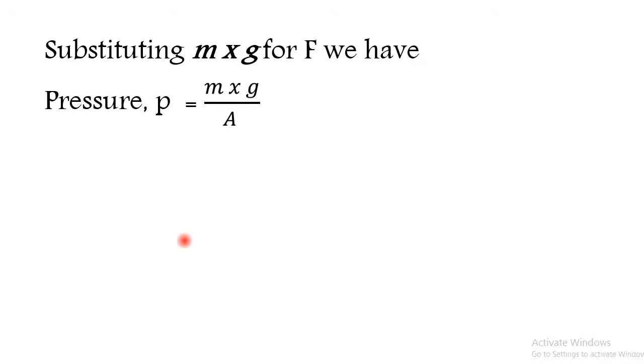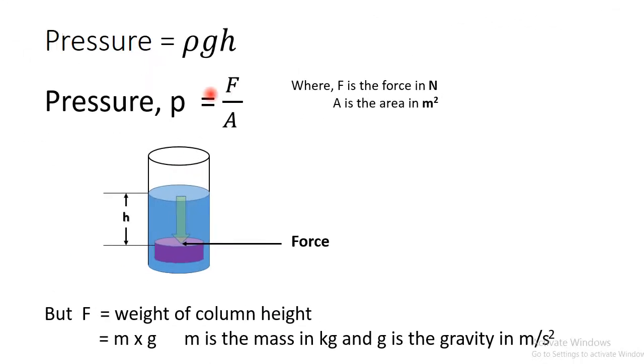Now, since pressure is equal to force over area, and we have just seen that force is equal to mass times acceleration due to gravity, we are going to substitute m times g where we have F in our previous formula, the one where we have F over A. So instead of F, we substitute m times g.